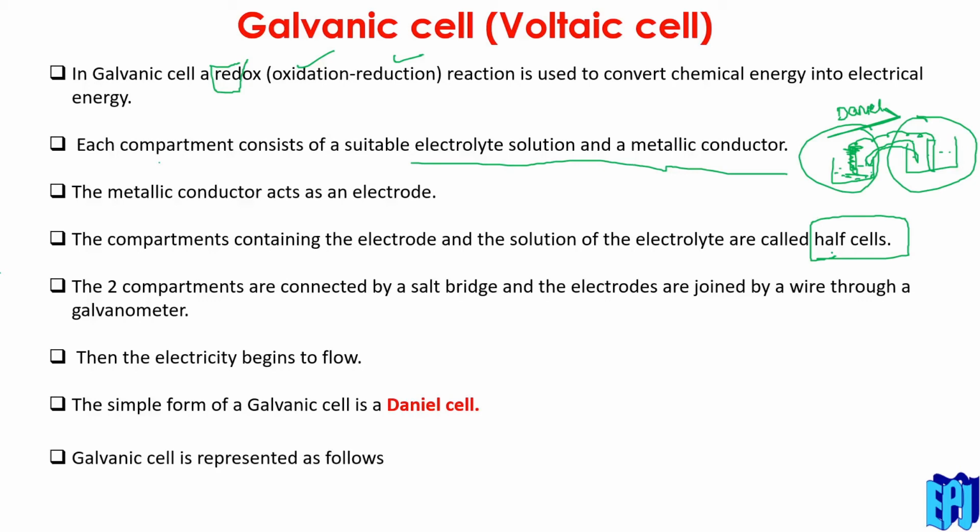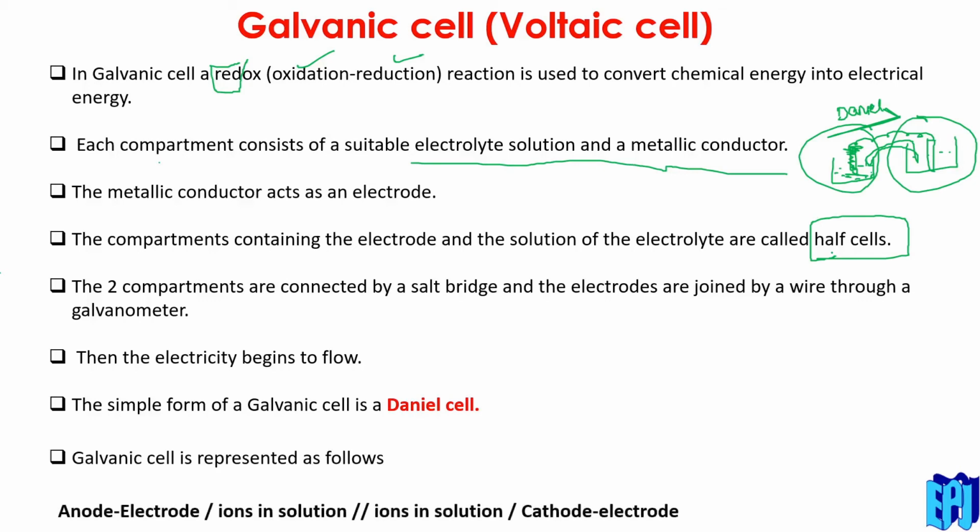The simple example of a galvanic cell is Daniel cell that I drew on the top. Galvanic cell representation is given below: anode electrode, bar, ion in the solution, double bar. What does this double bar indicate? This double bar indicates the salt bridge. Then come the ions in solution.